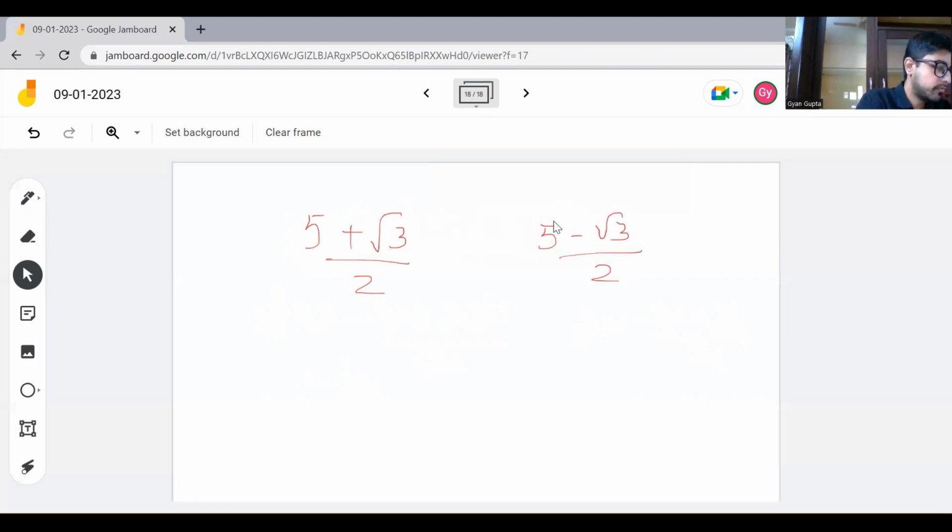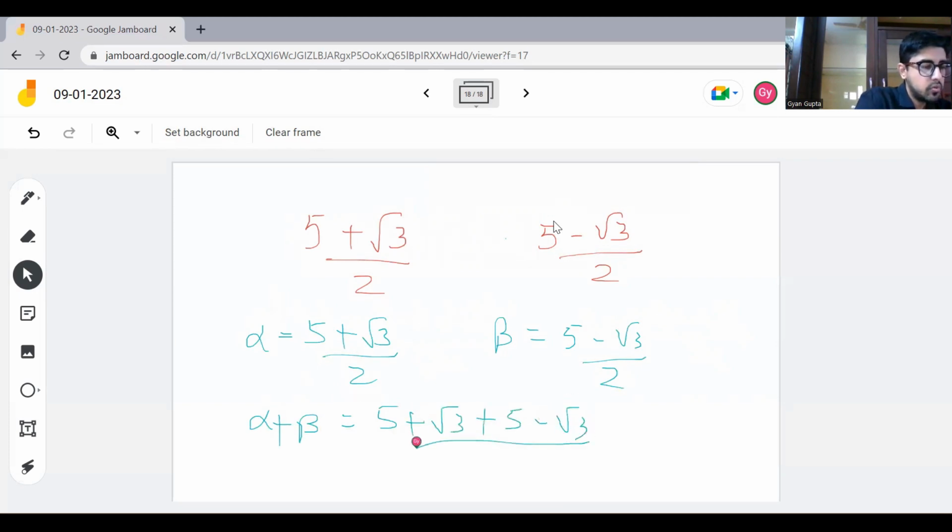Let's call alpha as 5 plus root 3 by 2 and beta is equal to 5 minus root 3 by 2. Alpha plus beta is equal to 5 plus root 3 plus 5 minus root 3 by 2, which is equal to 5.